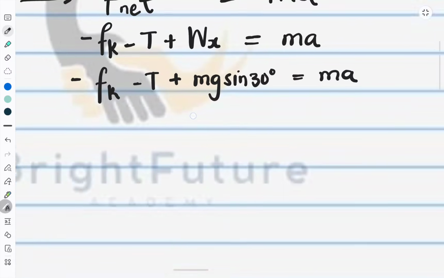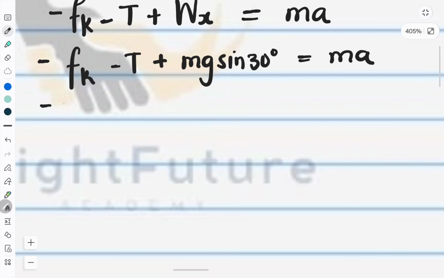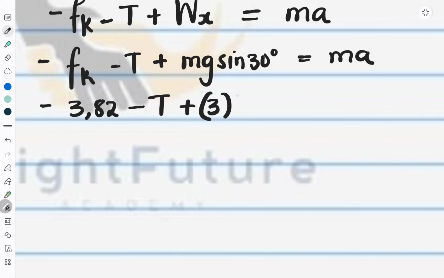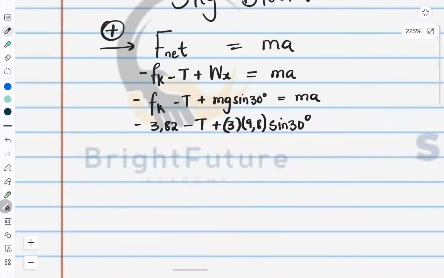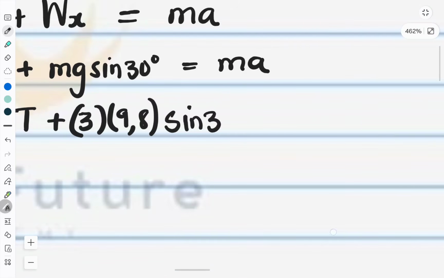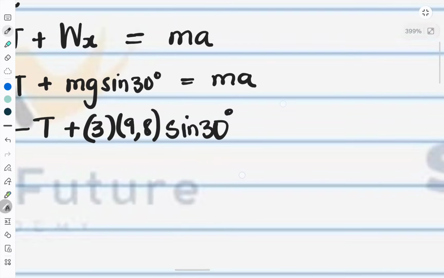Now let me substitute everything. Fk, we found that it's 3.82, I think, at some point, minus T plus my mass, which is 3, times 9.8 sine 30 degrees. This looks like 300, but it's actually 30 degrees. Much better.